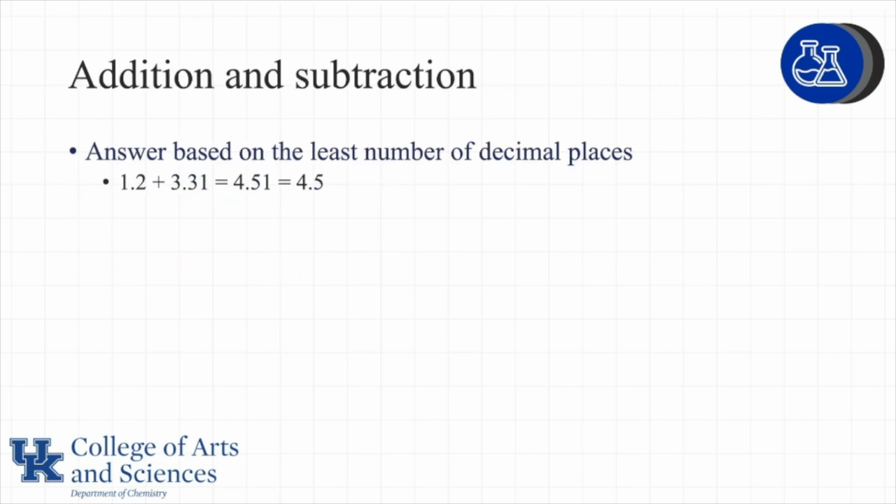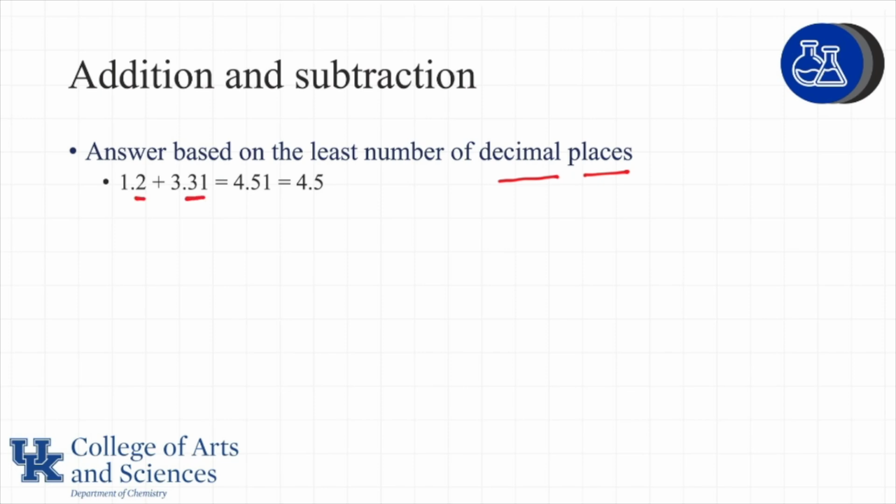Now let's look at the rule for addition and subtraction. When we have a problem where we're adding or subtracting numbers, the answer should be based on the least number of decimal places. So we have to see which number has the least number of decimal places, and that determines the number of decimal places in our answer. So in our example here, we have 1.2 plus 3.31.